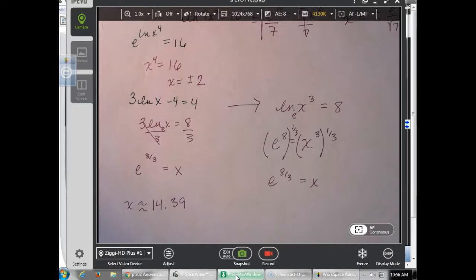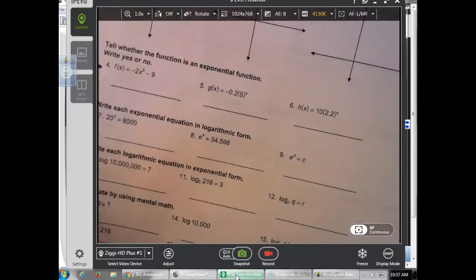So anything on the front page y'all want me to kind of talk through or walk through with you? It all just seems like it should be pretty straightforward. Okay. Which one? Number 10?